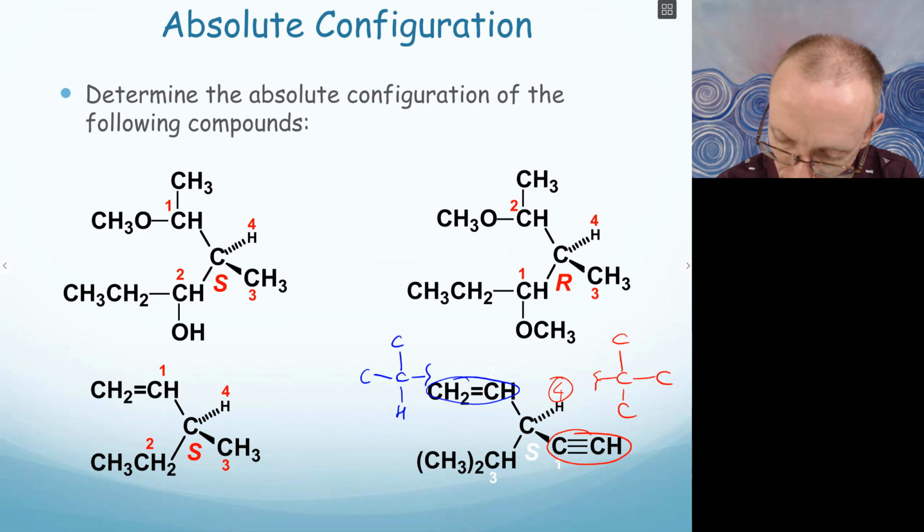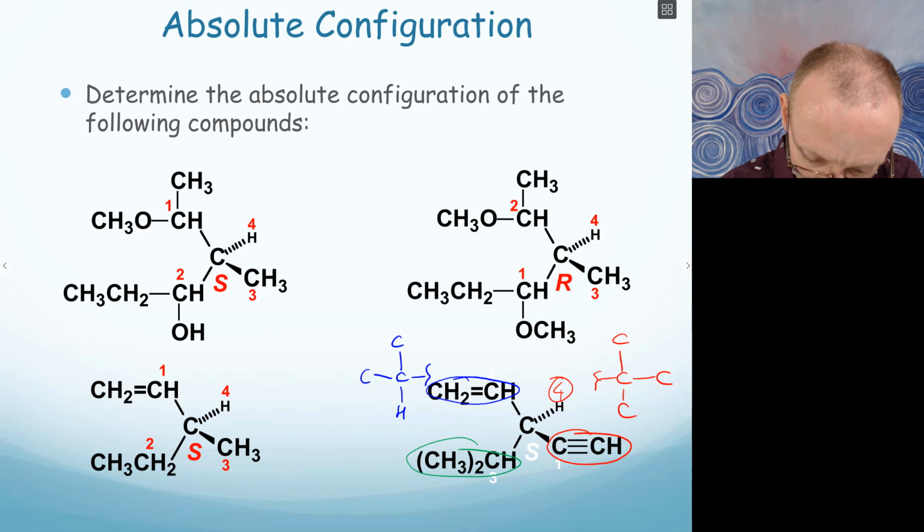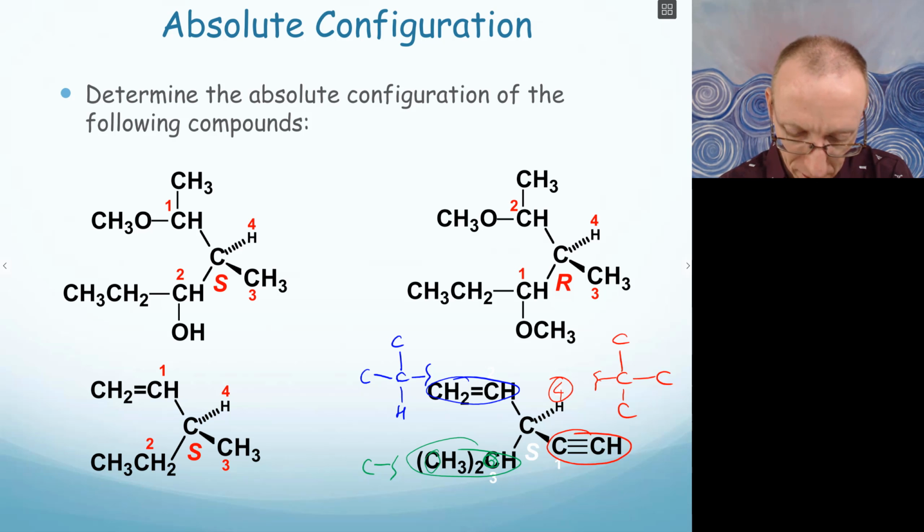And then let's do the last one in green. This one here is going to be a carbon that expands out into a carbon atom here twice. So this group here is bonded to 2 methyl groups.